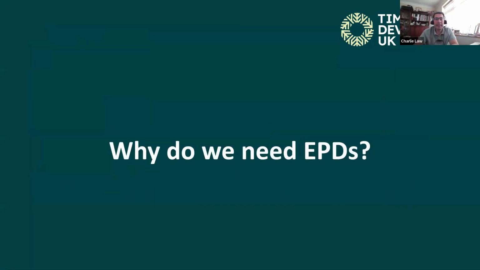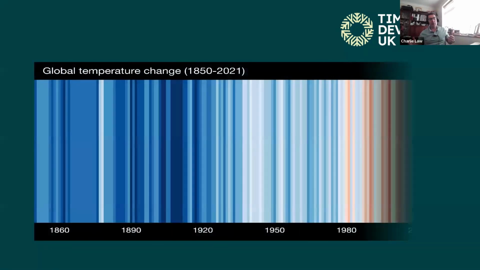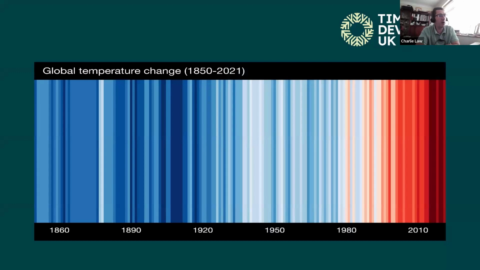So why do we need an EPD? Well, I think we're all aware that we are in a climate emergency at the moment, and we've had some of the hottest temperatures on record over the last 10 years, and we really need to be doing something about that.